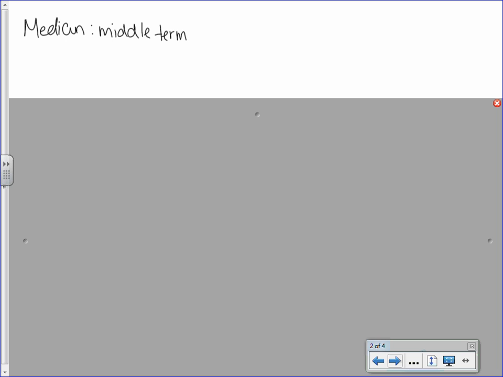And hopefully we remember that if I need to find the median, I need my data to go in order. So here it does need to be listed from smallest to greatest. So I'll write that: we do need our data in order.